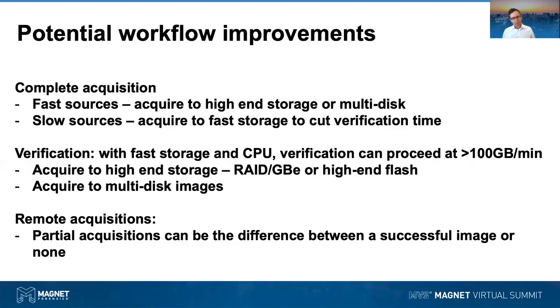So moving from acquisition to verification, I'll just reiterate that point. Regardless of how much shorter the time we can do the acquisition in, verification does add a lot of time in the field, when we're copying around images in the lab, etc. So it makes sense in your infrastructure to have fast storage and CPU and fast networking so that you can at least take advantage of very fast verification.